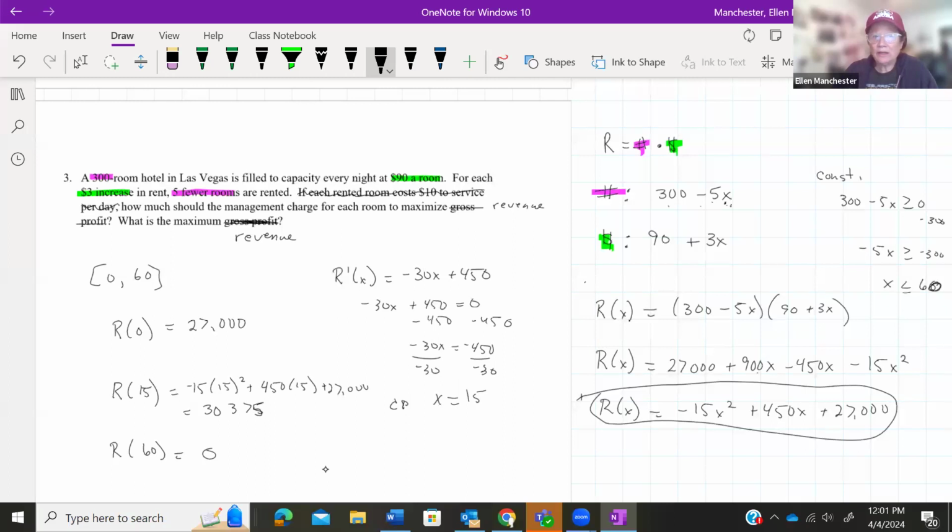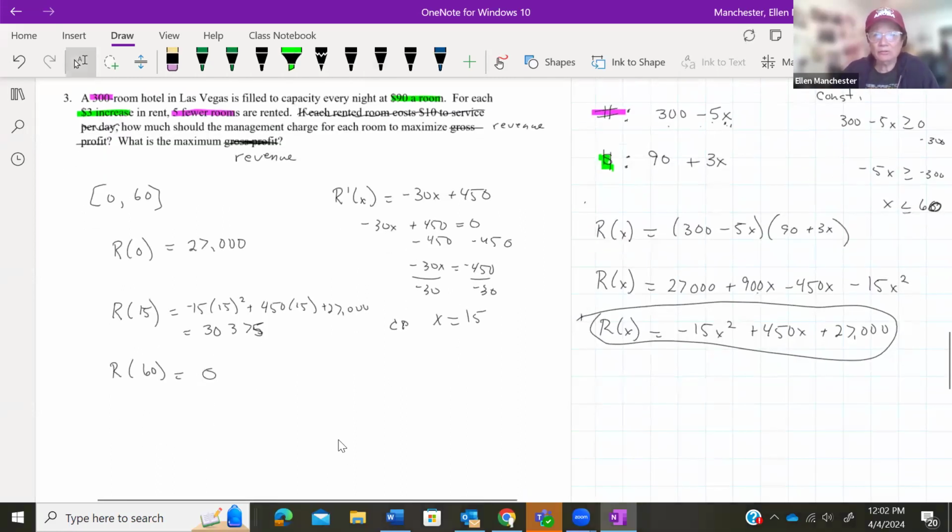Okay, so we know we can make 15 price increases. So we're going to come back up here and find our number of rooms is 300 minus 5 times 15. So we can rent out 225 rooms.